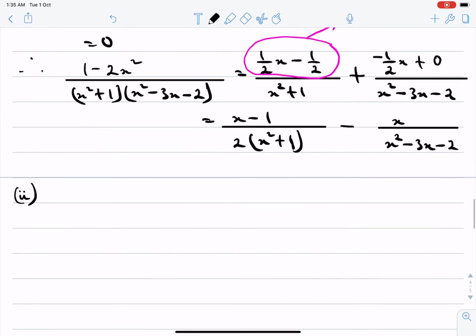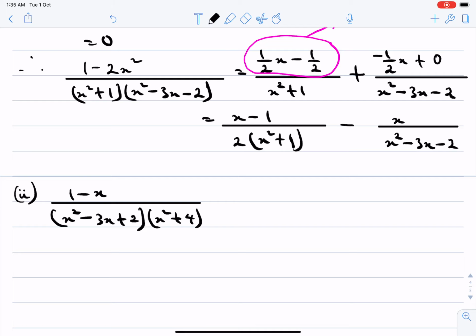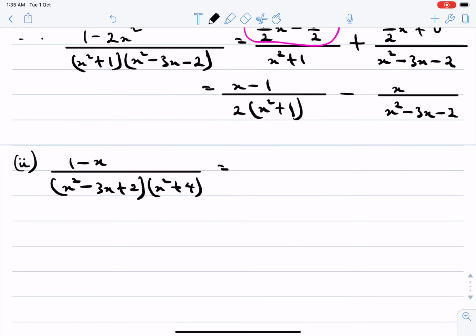And it is: resolve 1 minus x divided by x squared minus 3x plus 2 times x squared plus 4 into partial fractions.